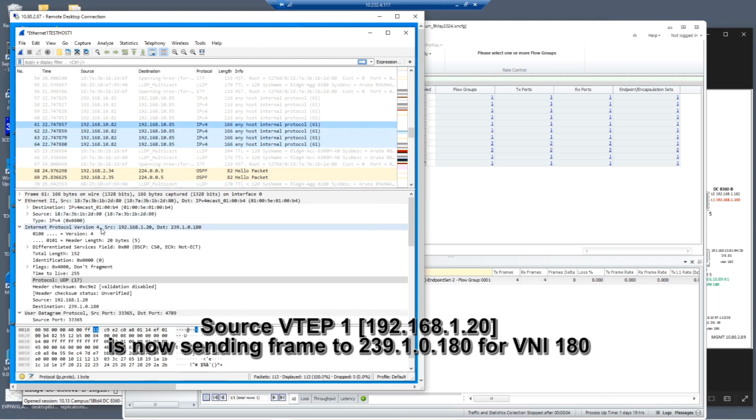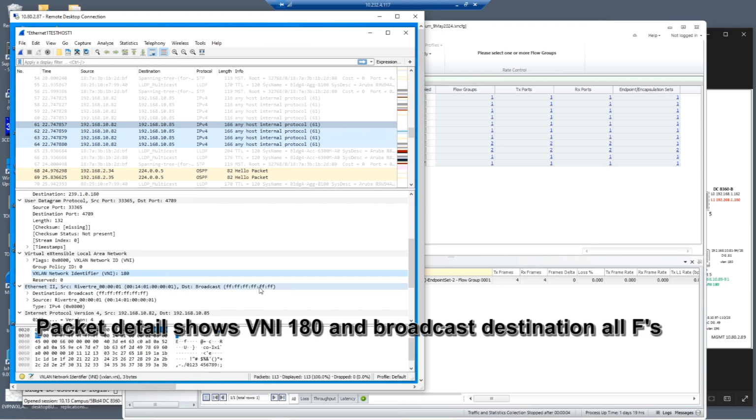On closer examination, we see source VTEP 1 at 1.20 is now sending a frame to 239.1.0.180 for VNI 180. Further examination shows that this packet is indeed VNI 180 and broadcast destination all Fs.